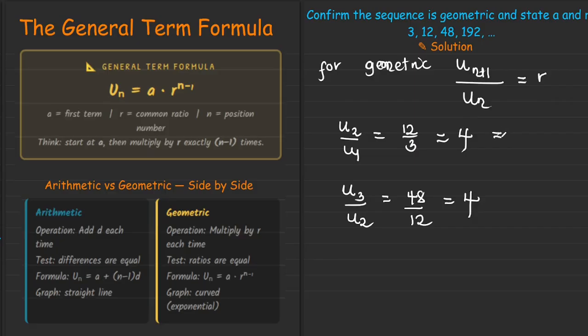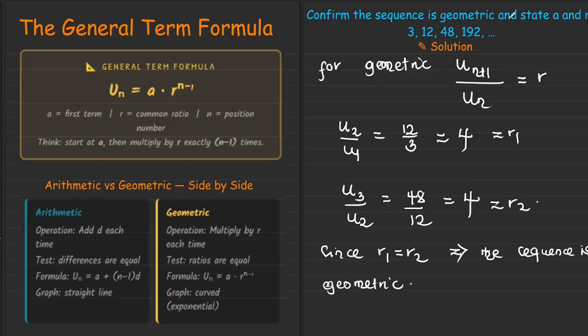So if this was our r1 and this r2, then since r1 is equal to r2, that is to say, since the ratios are the same, it simply implies that the sequence is a geometric one. And it says we should state a and then r. So therefore, our a is equal to 3, then r is equal to 4. As simple as that.